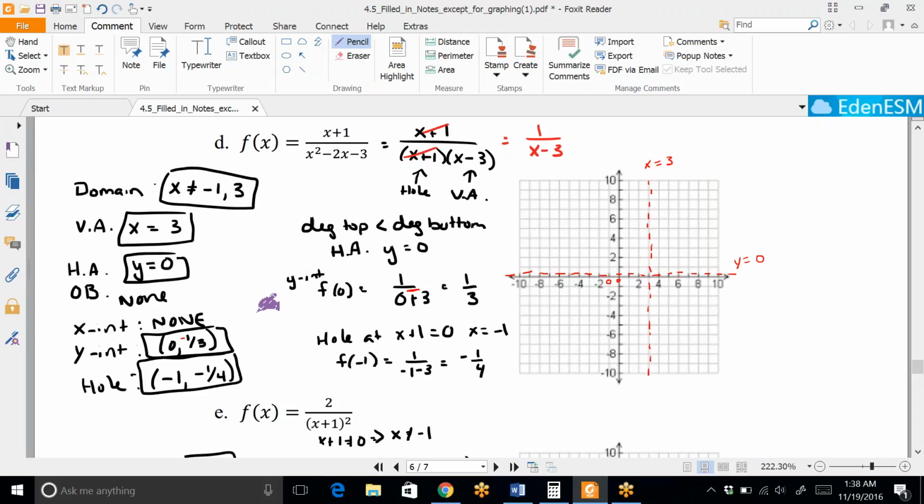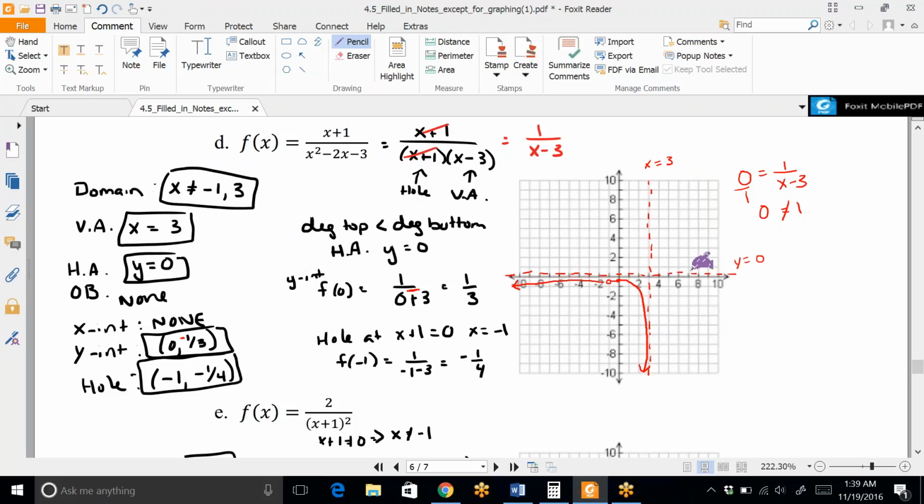And we have to question whether or not we can cross the horizontal asymptote here. If you set 0 equal to the reduced part and you try to cross multiply, you get 0 equals 1, which doesn't make sense. So that means that this has to be stuck in this region and kind of go with the boundary. And then we need a value over here to see if we're on top or bottom.